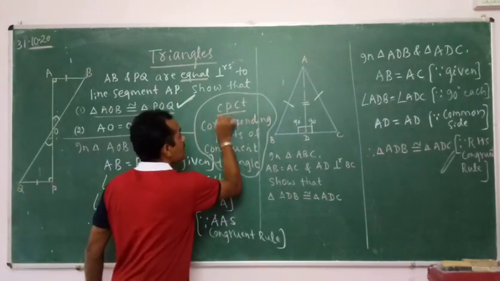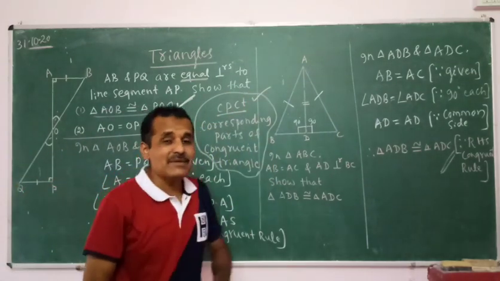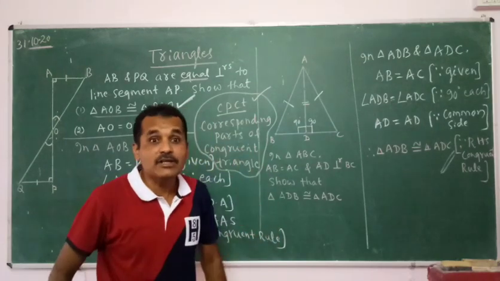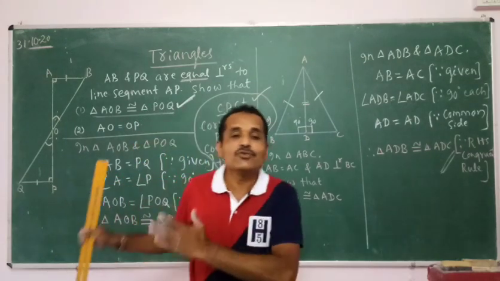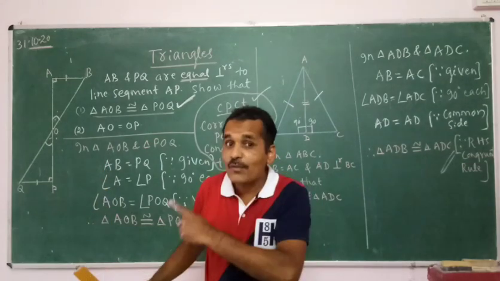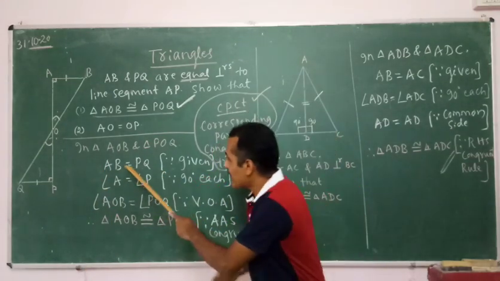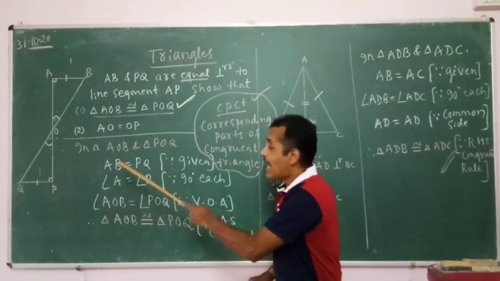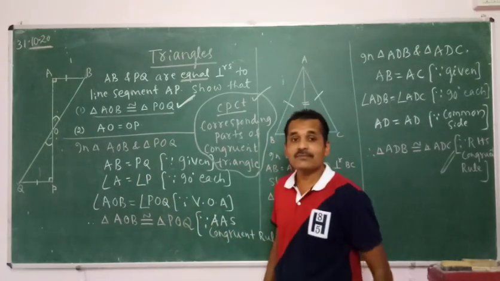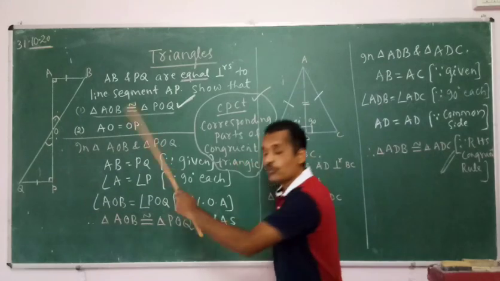Very important, CPCT. But when will this CPCT come into the picture? Once you prove the triangles are congruent. In the beginning I can't use CPCT. I have to get three equal things and prove the triangles are congruent.